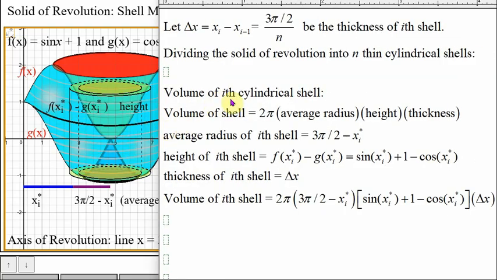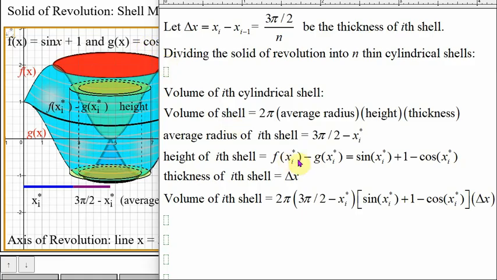The volume of the ith cylindrical shell is 2 pi times the average radius times the height times the thickness. We have just found that the average radius is 3 pi over 2 minus x sub i star, and the height is f of x sub i star minus g of x sub i star. But f of x is sine of x plus 1, and g of x is cosine of x.